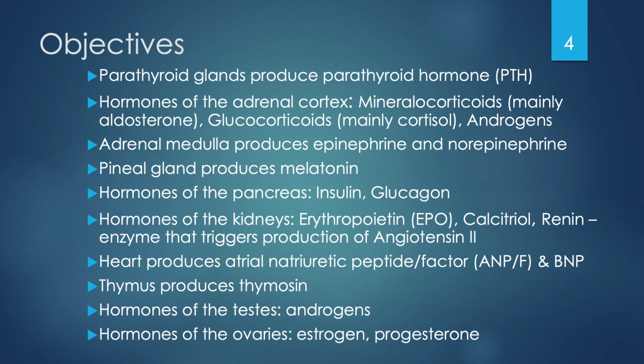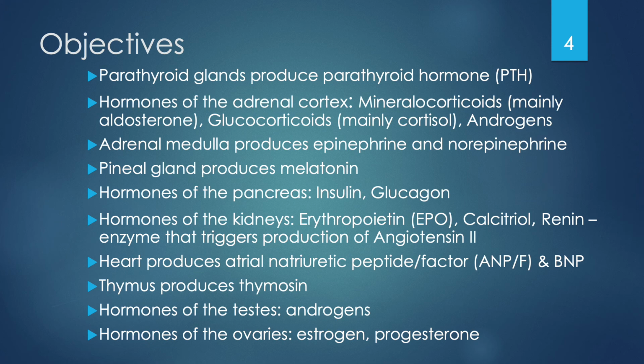That also applies for the following, that the parathyroid glands produce parathyroid hormone, the hormones of the adrenal cortex, which includes mineralocorticoids, which is mainly aldosterone, glucocorticoids, which is mainly cortisol, and androgens, that the adrenal medulla produces both epinephrine and norepinephrine, that the pineal gland produces melatonin, that the hormones of the pancreas include insulin and glucagon.